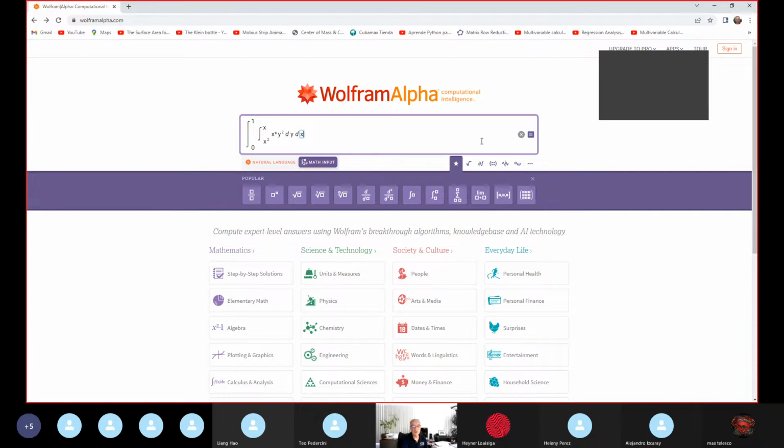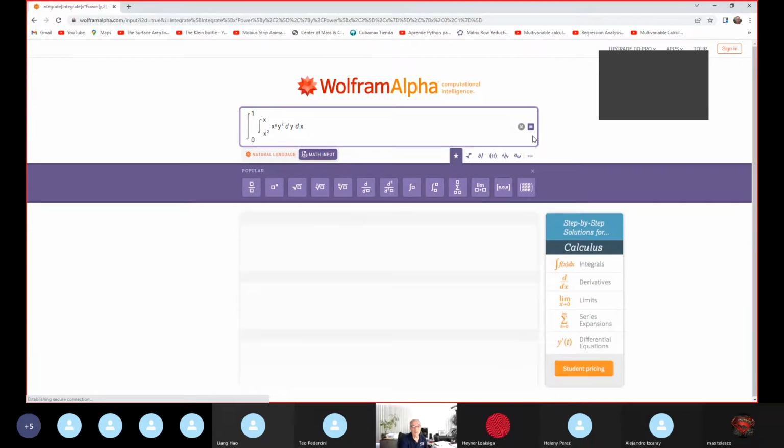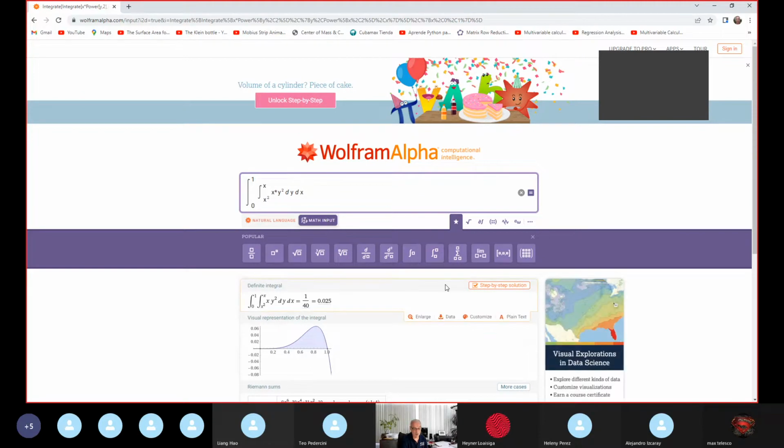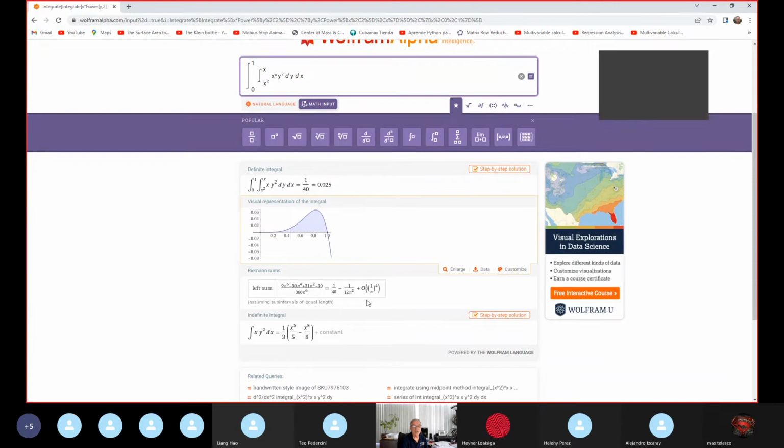When you finish typing the d, you press that button. Just in case, Wolfram Alpha copies in a nice, elegant way the integral for verification. Okay, typed in well, and this is the answer in fraction. So, exact answer and approximation answer.